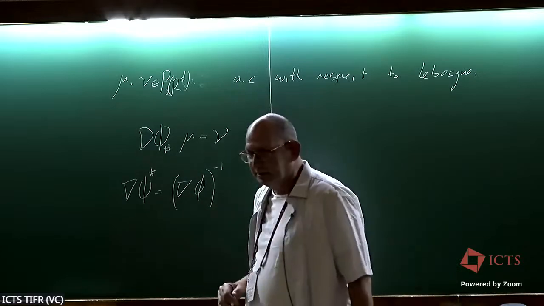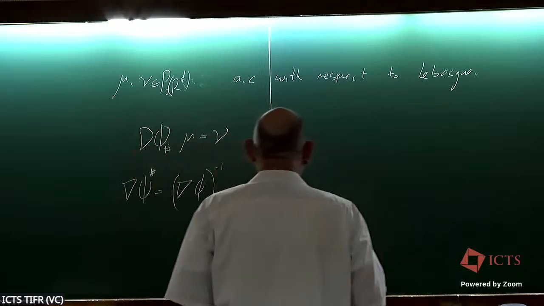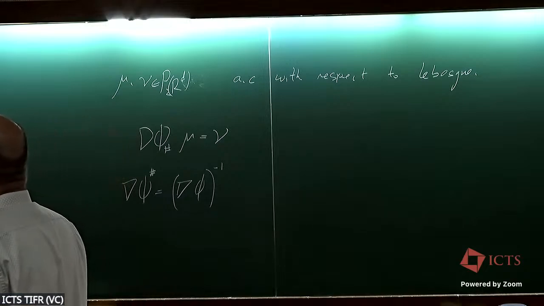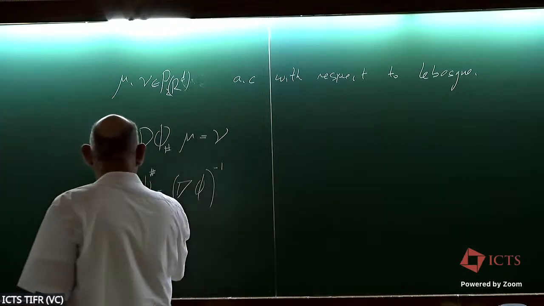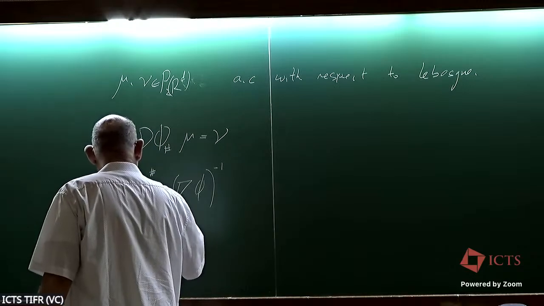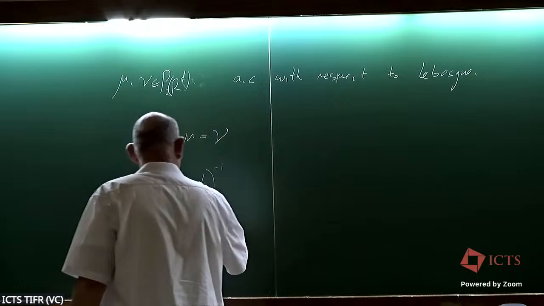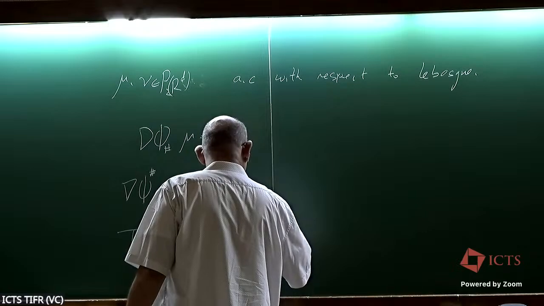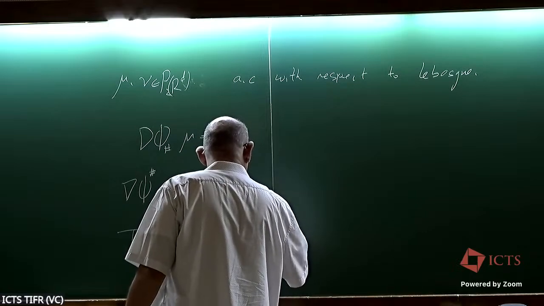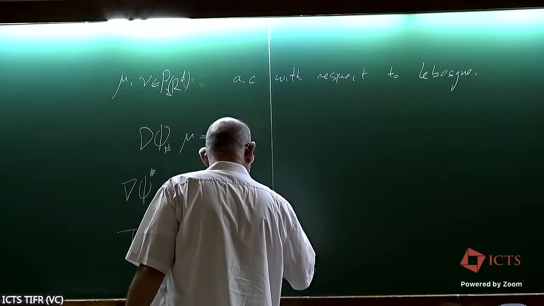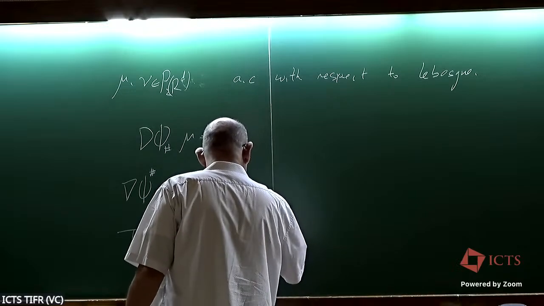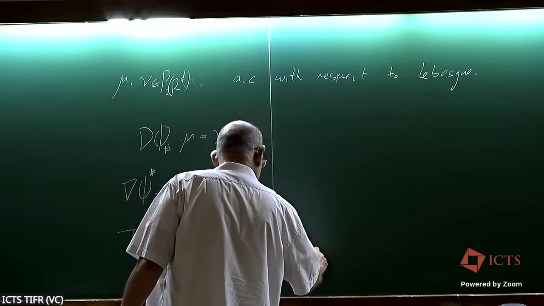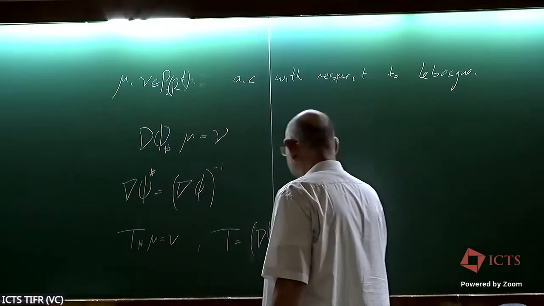Then when we have this condition, we can prove by just inverting that the map T, which pushes mu to nu, can be represented uniquely as the gradient of phi composed with S, where S is a mapping which preserves the mu measure.